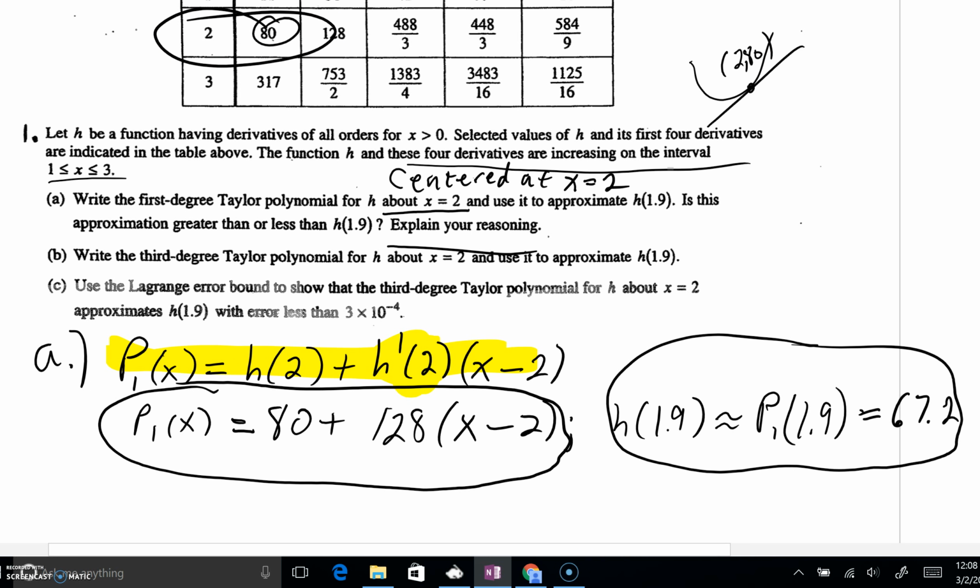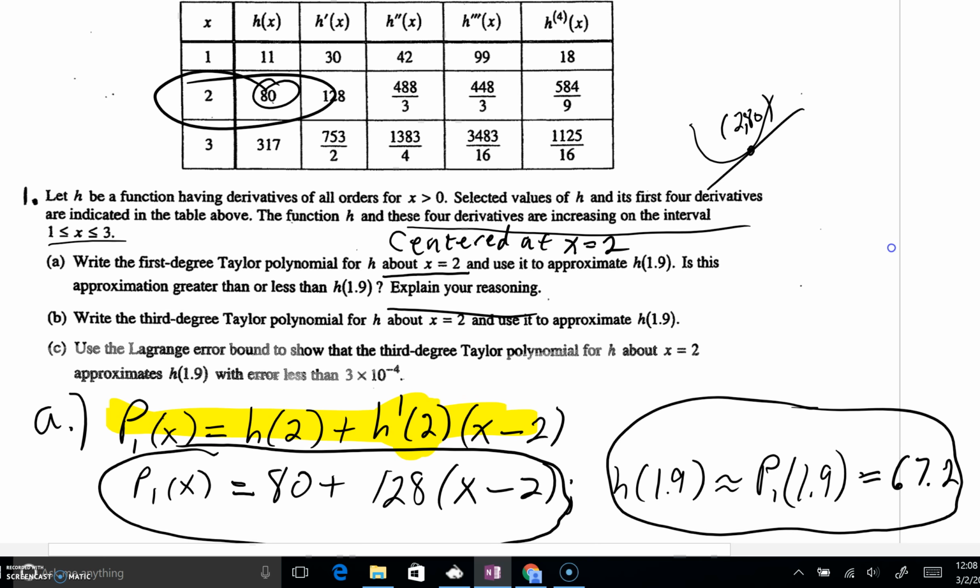You might wonder how we can know if a tangent line estimate is going to be an underestimate or an overestimate. The answer that we had last semester was we wanted to look at the second derivative. You can see that our second derivative at x equals 2 is actually positive.